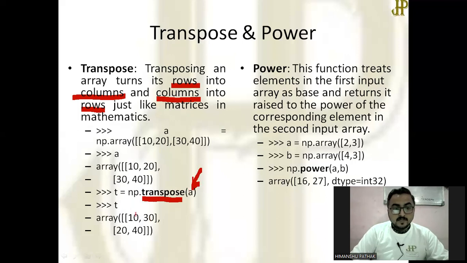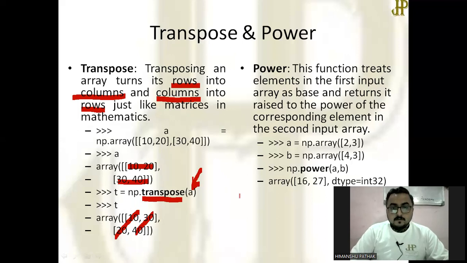So here you can see that the 10, 20 row becomes a column, and the 30, 40 second row becomes the second column. I hope you understand. As mathematics students, you all know about matrix operations. So this is a simple example of transpose.